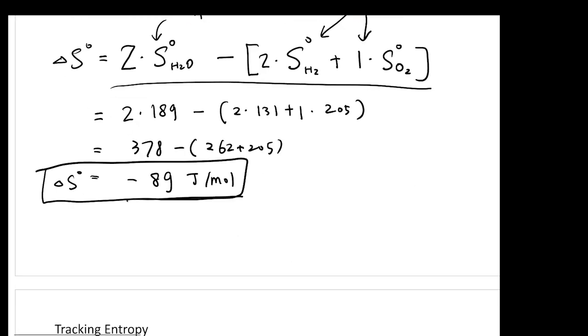Then I want to ask you one question. What is the delta S naught of H2O becoming H2 and 1/2 of your O2? How do we calculate this? It's the same: you use the S naught of your H2 plus 1/2 the S naught of your O2 minus the S naught of your H2O.